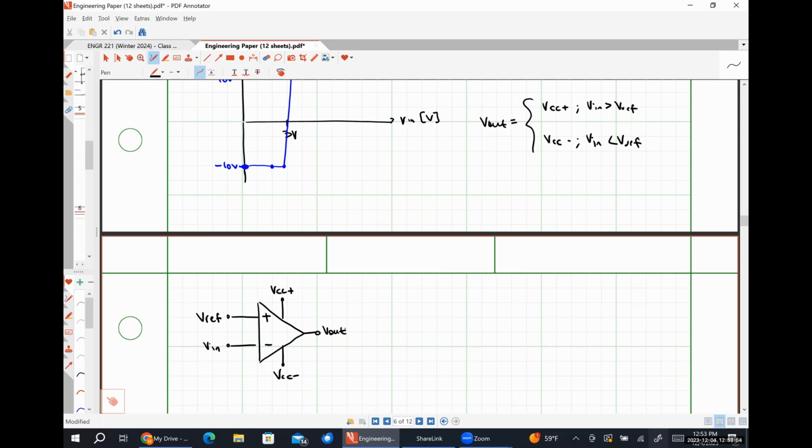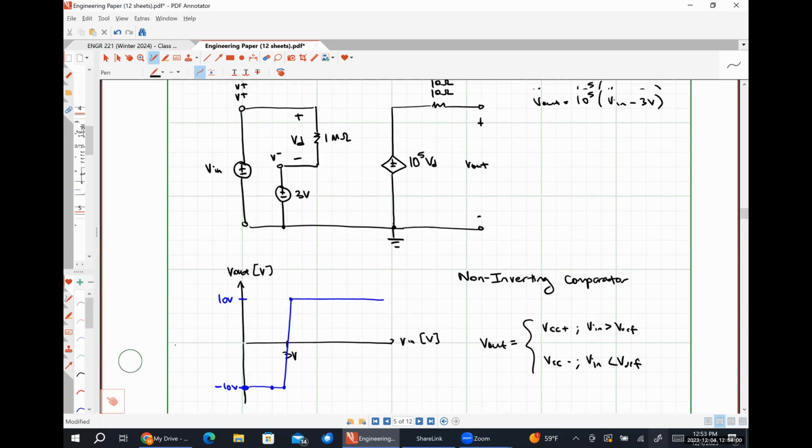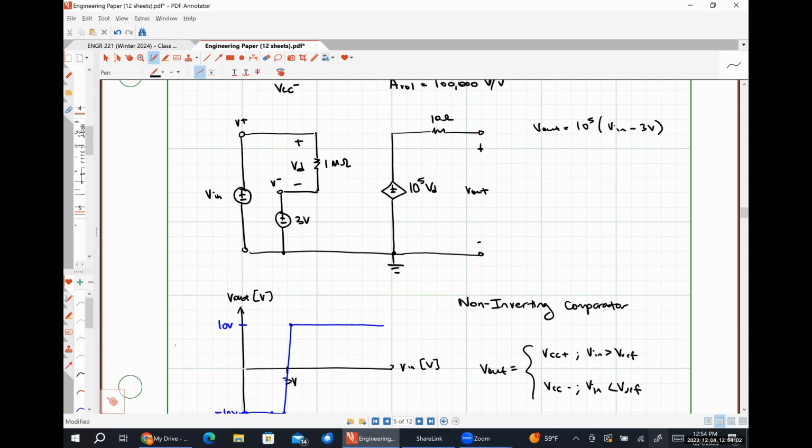I'm not going to waste our time redrawing this entire circuit, because it's literally the exact same thing, except that these two voltage sources are swapped, right? So our output voltage would be just this, except that it'll be 3 volts minus VN, because VD would be our reference voltage minus our input voltage, right?